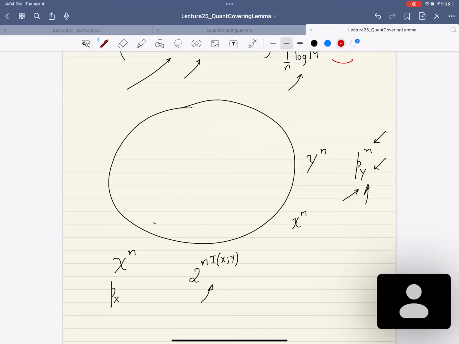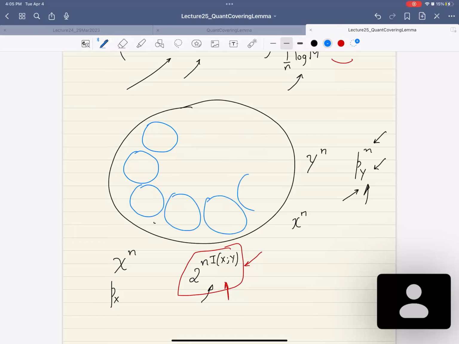See, if I am picking only so many sequences, uniformly at random, I pick a collection of so many sequences, and from that I start uniformly picking and putting it into my blue box, and out comes a yn. And I ask, what is the distribution of the yn? The distribution of the yn will be like this. It will be blobs, but disjoint blobs.